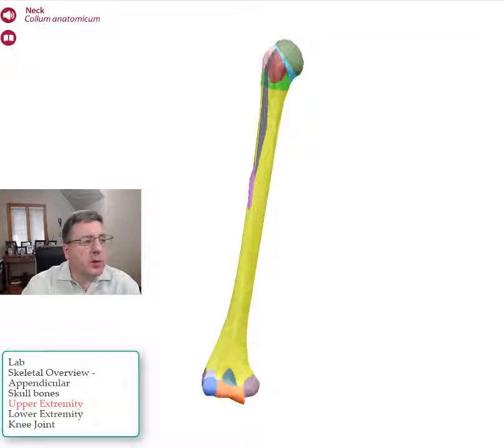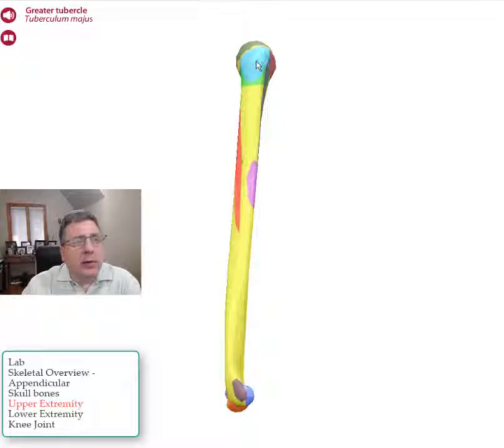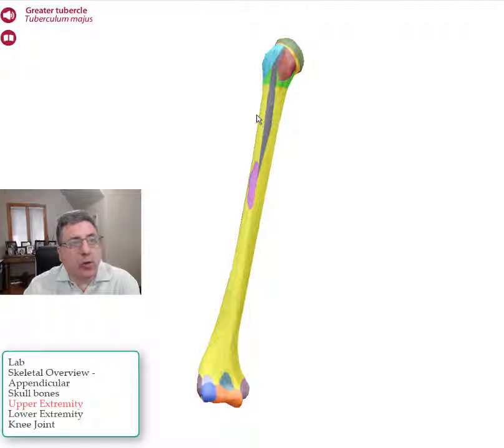And then a couple of other things that we're going to look at is this piece here. This is called the greater tubercle, okay? This is going to be similar to what we're going to name in the femur, but in this case, it's a tubercle that will change in the femur. So the greater tubercle, these are two large bumps here, okay?